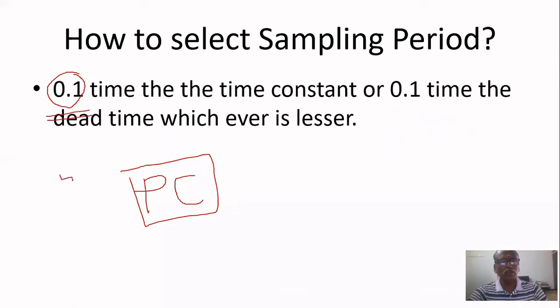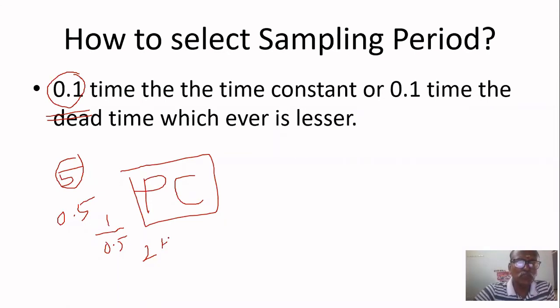Suppose the system has a 5 seconds time constant, then it must be a 0.5 second sampling period. The frequency is at least 1 by 0.5, that is 2 samples per second, if the time constant is 5 seconds.